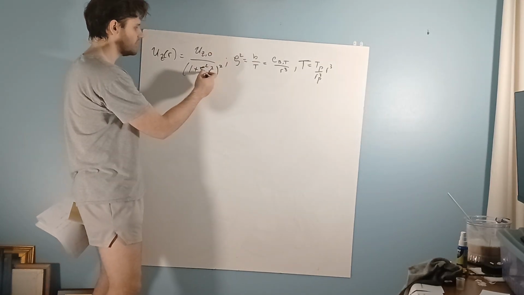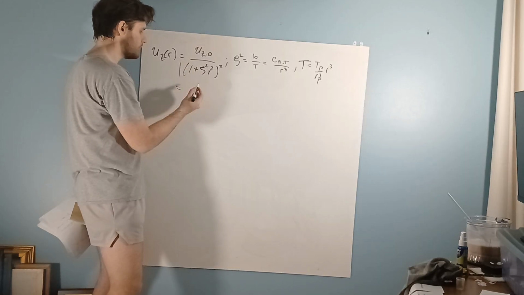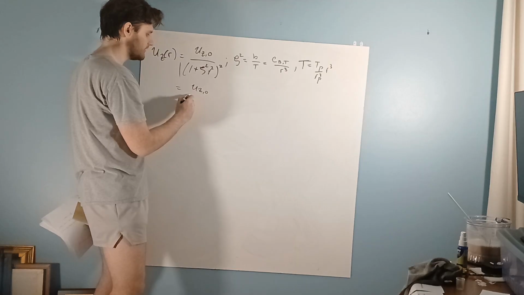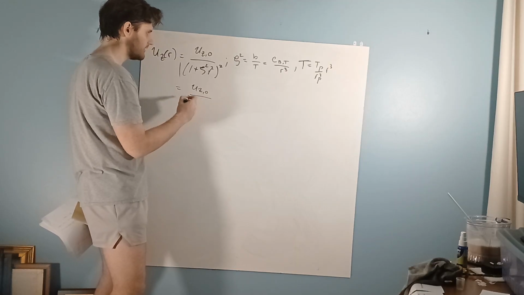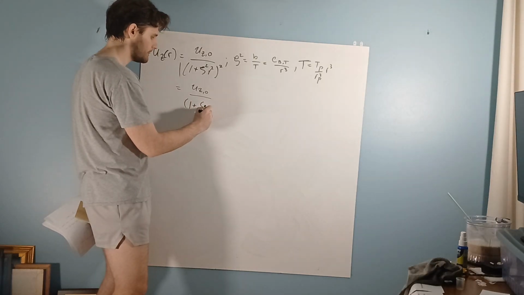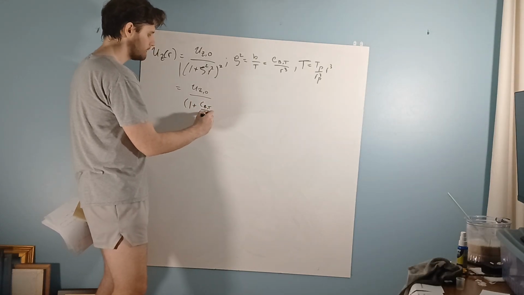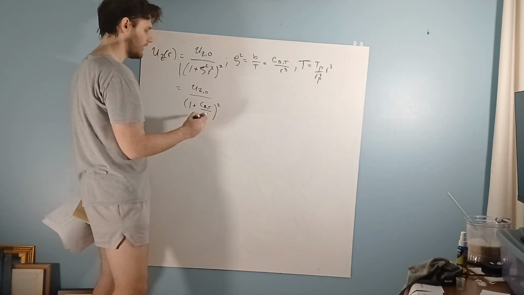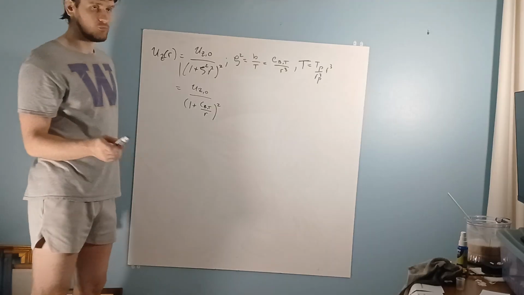So we just plug this in to here, right? And what we get is that this is equal to UZ naught over 1 plus CBT, and there's an R on the bottom now because there's an R squared here, quantity squared. Now again, we play the same trick.